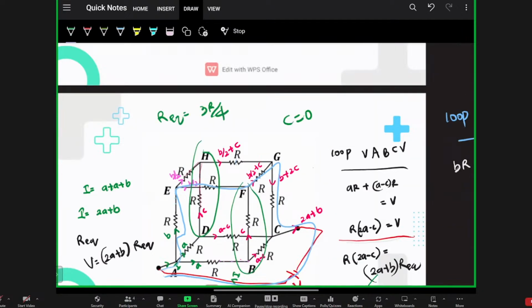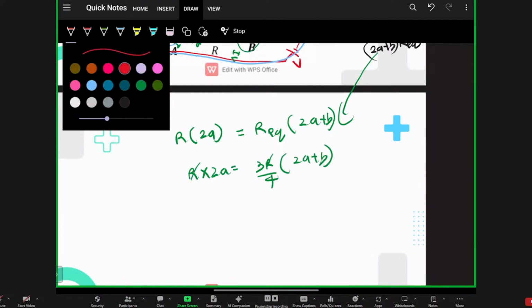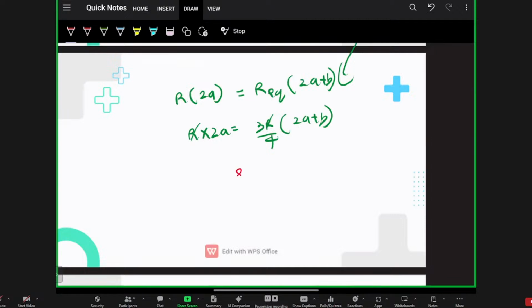So using that formula, I can write R into 2A is equal to 3R by 4 into 2A plus B. Okay, so R can cut. And by solving this, 8A is equal to 6A plus 3B, so 2A is equal to 3B.